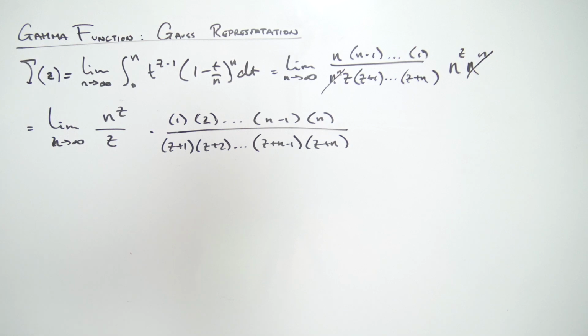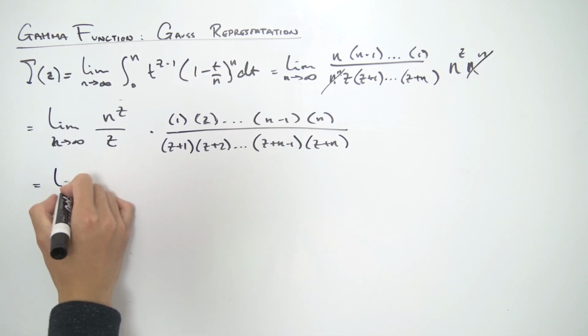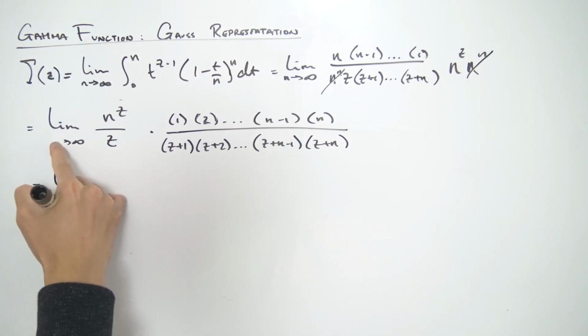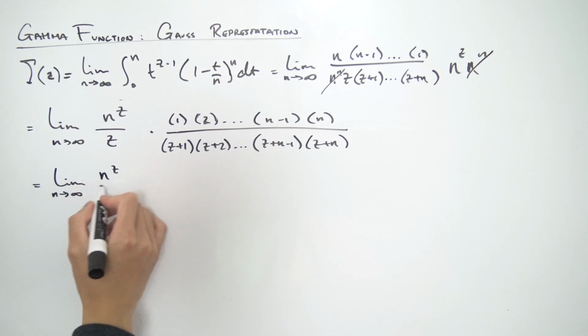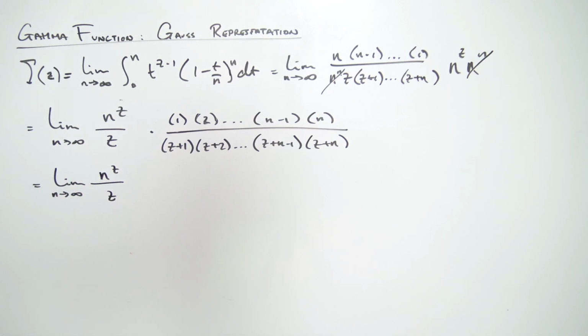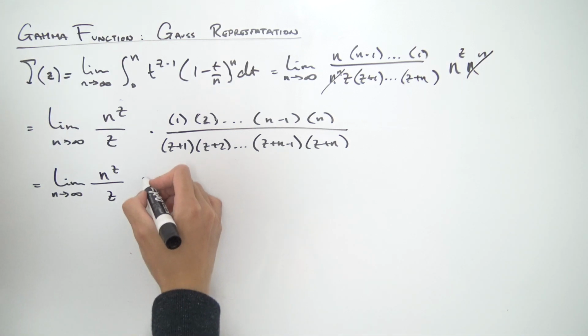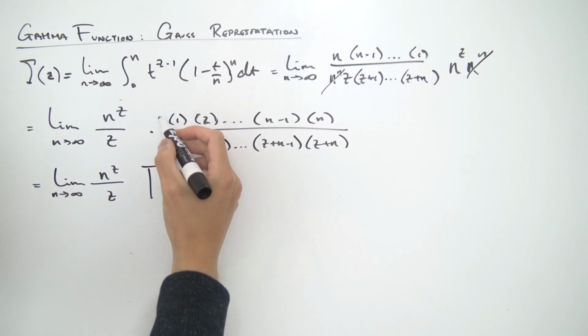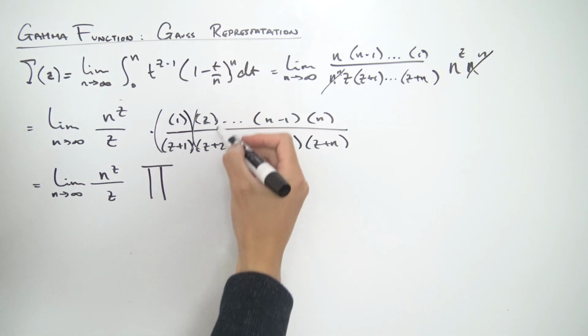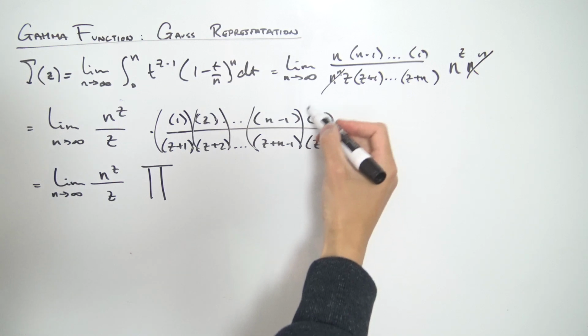But notice we have a bit of a pattern going on, and we can represent this as some kind of product. So now we have the limit as n approaches infinity of n to the z over z, and now we can represent this as a product. If you split this product up like so, you'll clearly see the pattern.